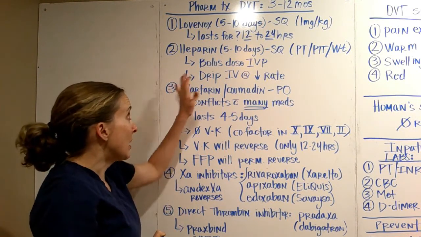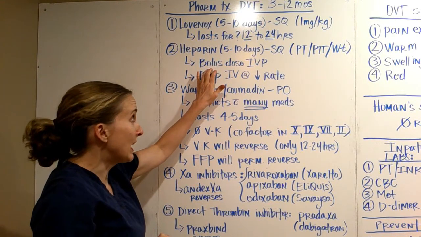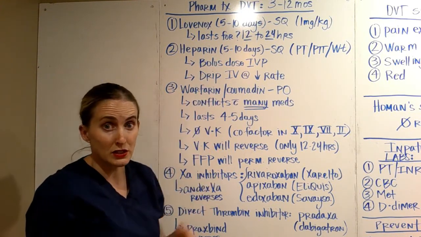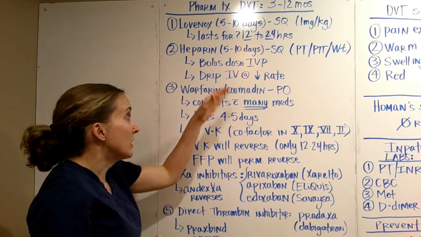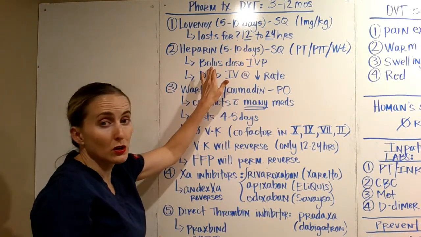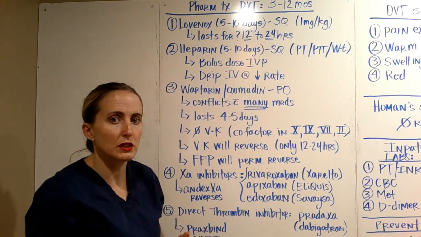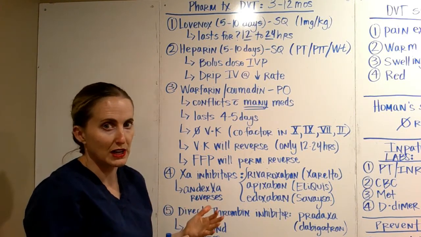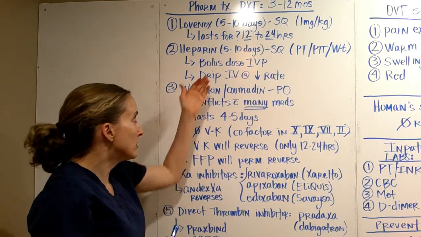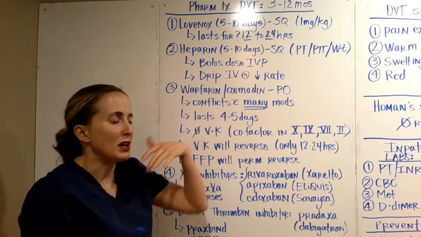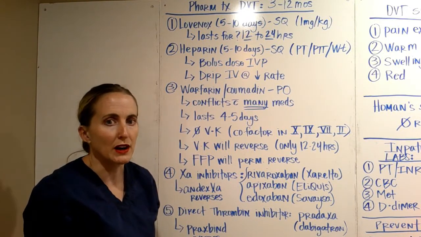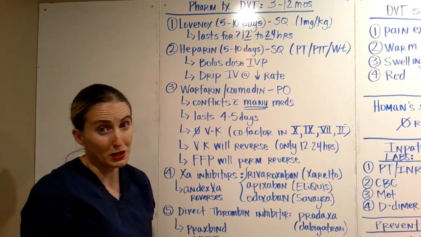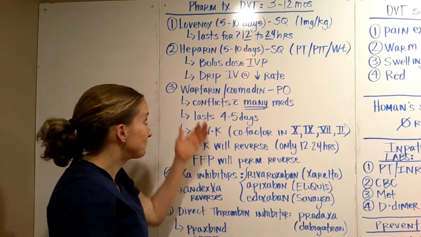So now, when we're giving it IV at onset of diagnosis of a DVT, then we give it IV push, a bolus dose. So that first dose is usually a bigger dose than the drip that follows after. So they get a bolus dose IV push, and it might be anywhere between 3,000 to 5,000 units IV push, depending on their PTT and their weight.